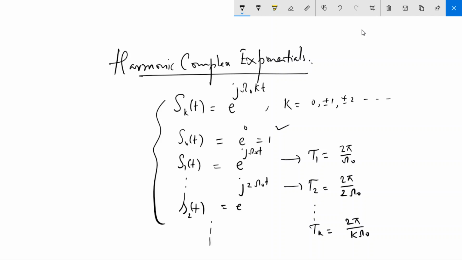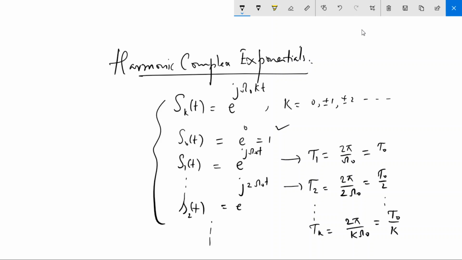Or if I write this time period as T naught, this is nothing but T naught by 2, T naught by 3, and this will become T naught by k. It means if this signal has a time period of 1 second, this will have a time period of 0.5 second, and so on.